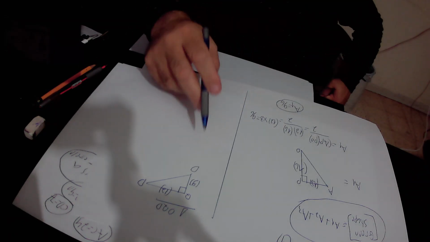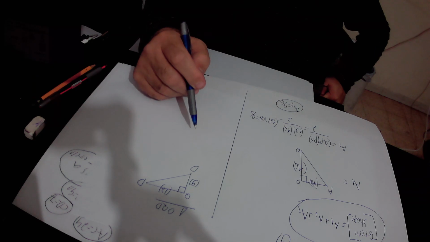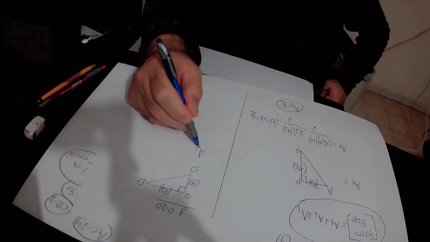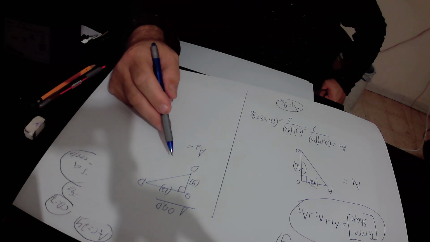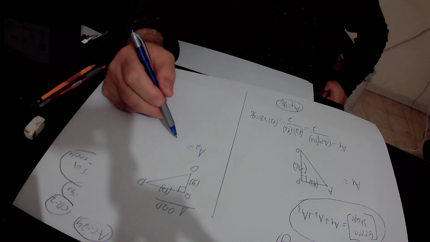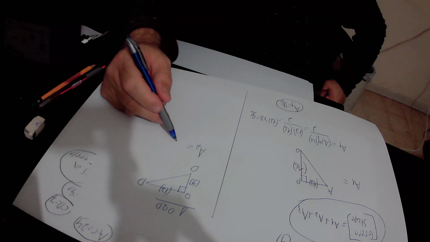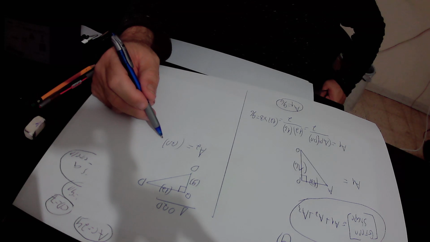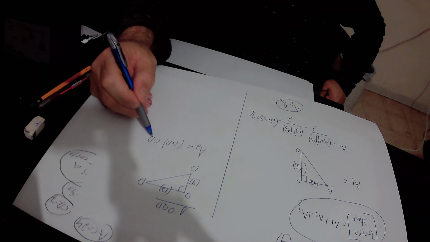So this is the right triangle OQD that I copied from the original drawing. This is the area of A2. The area of this right triangle OQD equals the base of the triangle, that is QO, times the height of the base, that is QD, over 2.